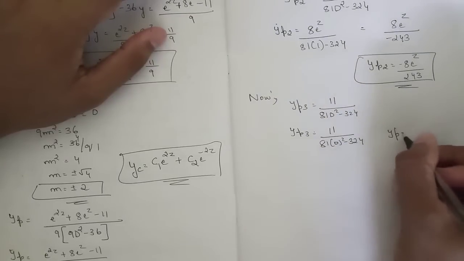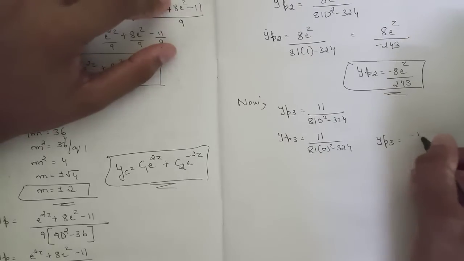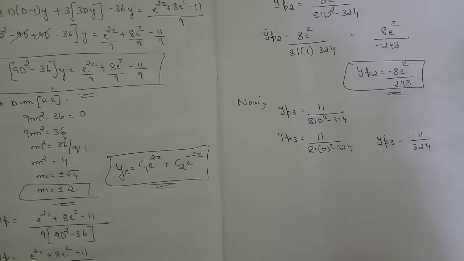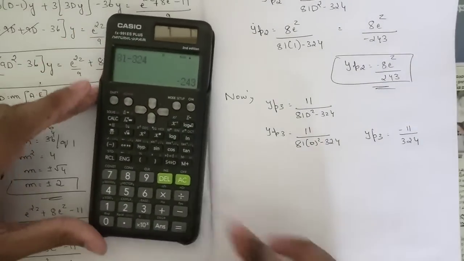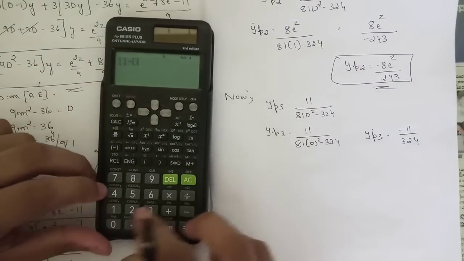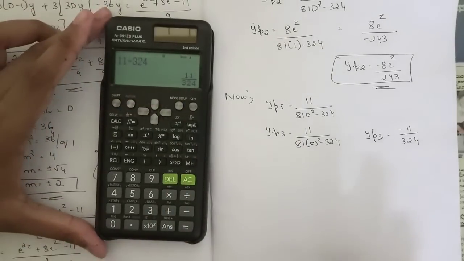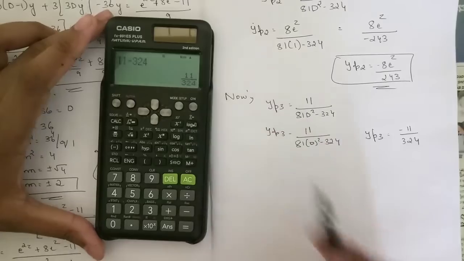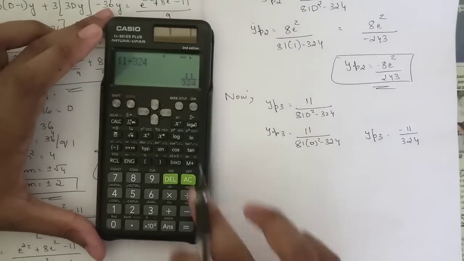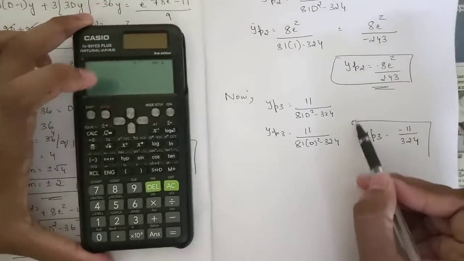So we get our yp3 as minus 11 by 324. So can we further solve this? Let's check it, 11 upon 324. No, we cannot solve it. See, we are not getting a simplified form of this fraction. So yeah, we need to keep it as it is.